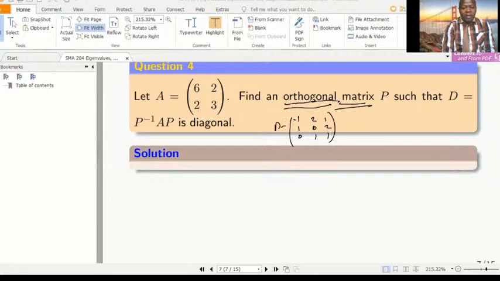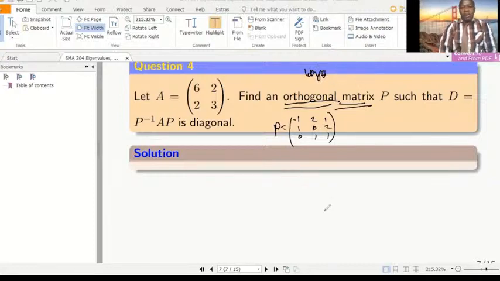But in the current example, the word is orthogonal matrix. So what that means is that after finding the eigenvectors, first of all, we would normalize those eigenvectors. You know how to normalize eigenvectors: you take the norm, or the length, of each vector, and then multiply the reciprocal of this length times the vector.